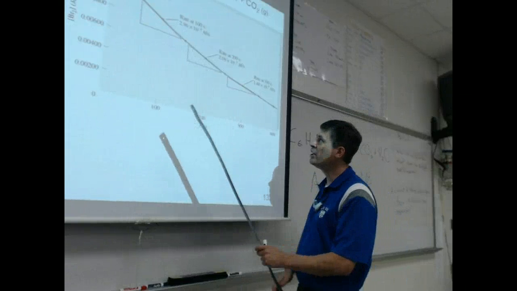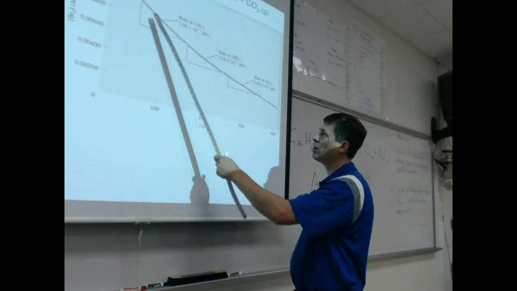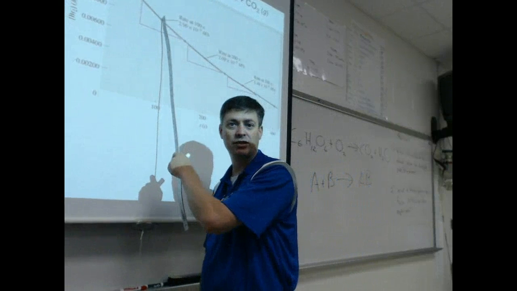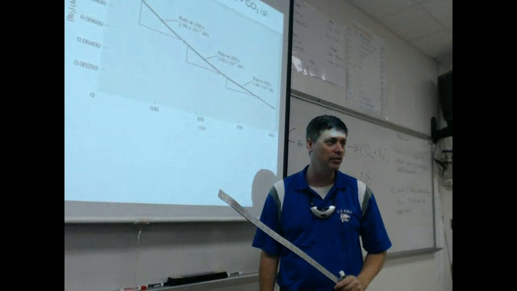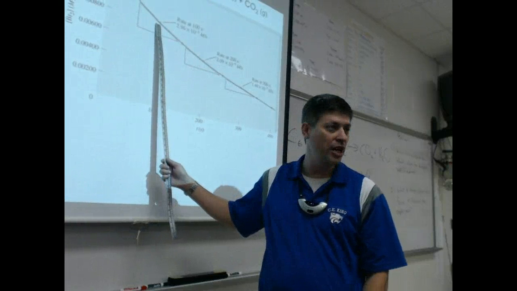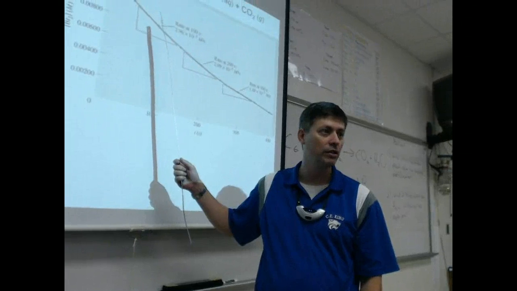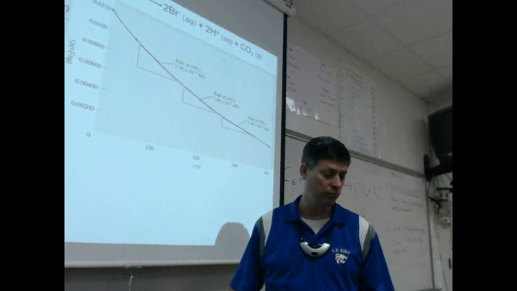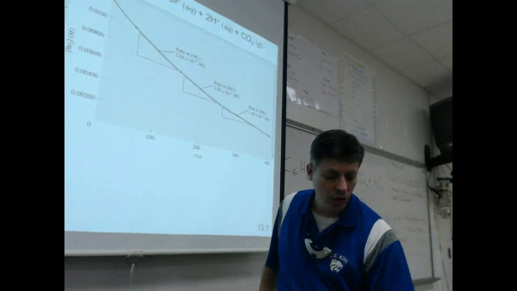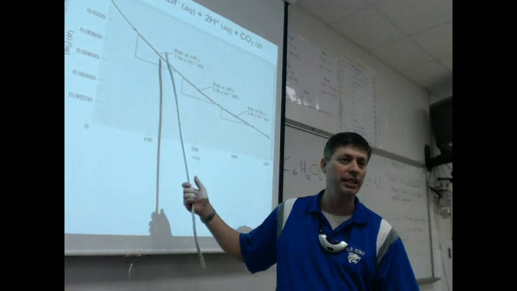You can find an instantaneous rate anywhere on the line. Like if we want to know what is the rate right here at 100 seconds. If we had the graph, we can figure it out. The way we do that is we take the line tangent to that point. You know what tangent means?